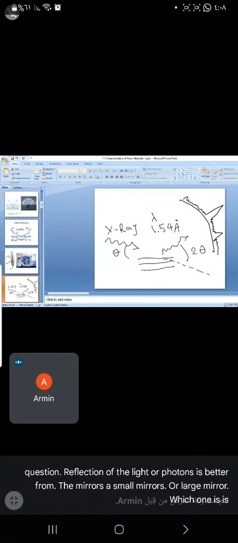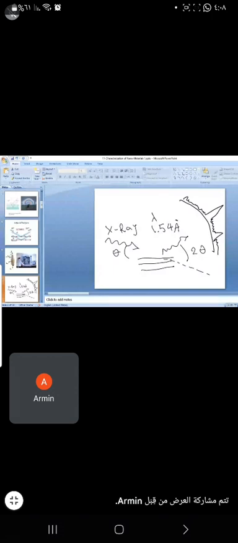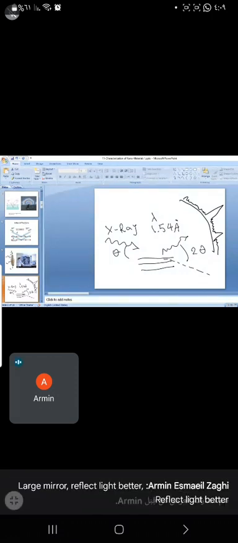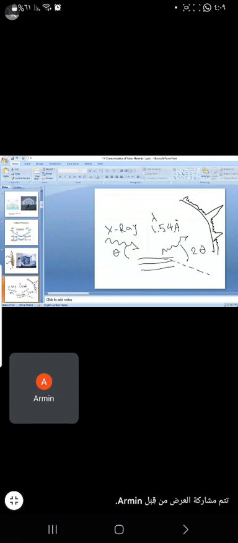Which one is better for reflecting light? Do you have any idea?